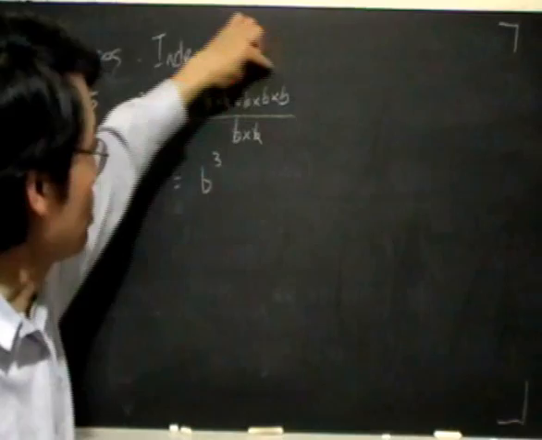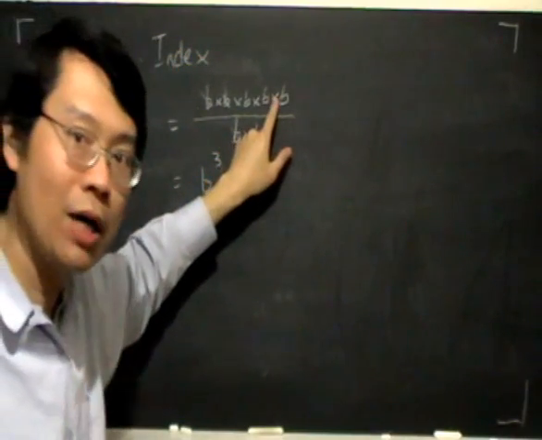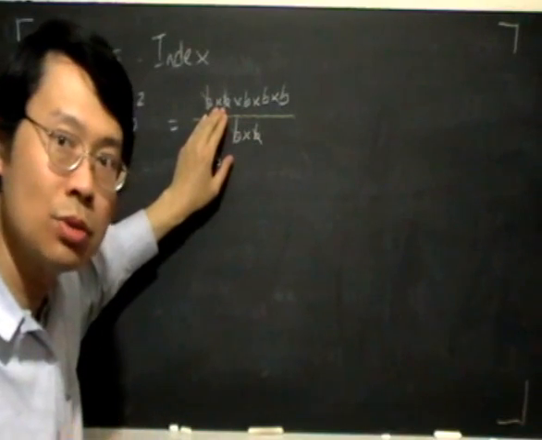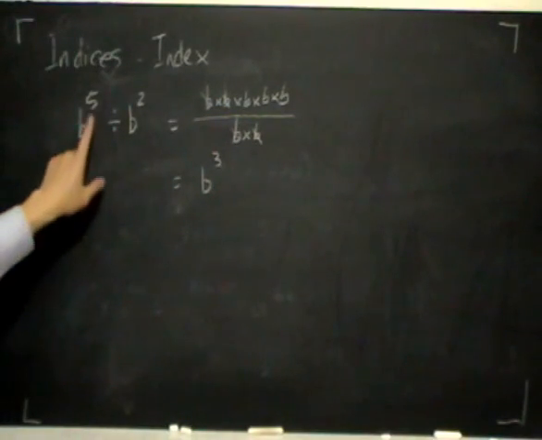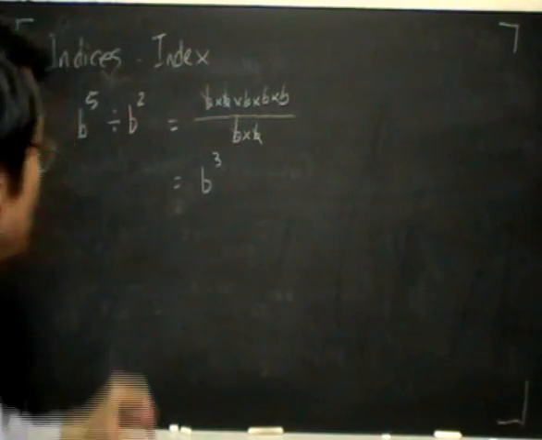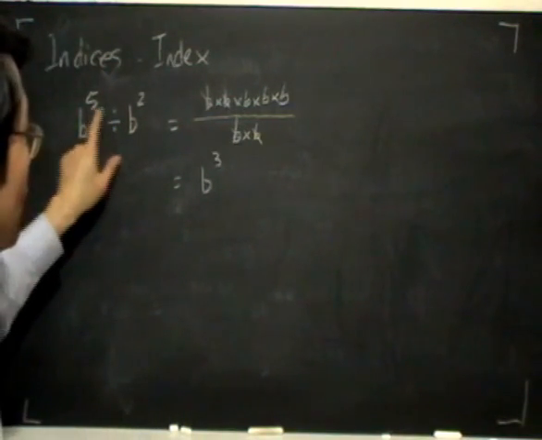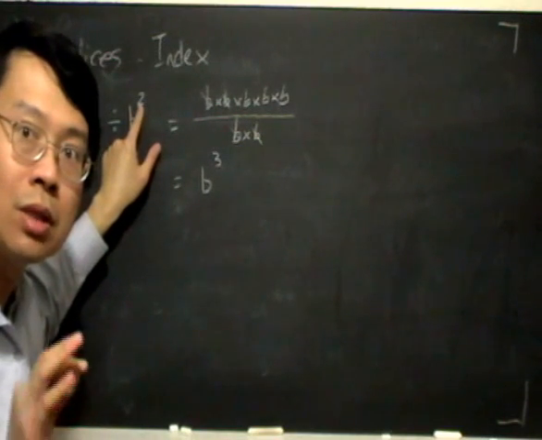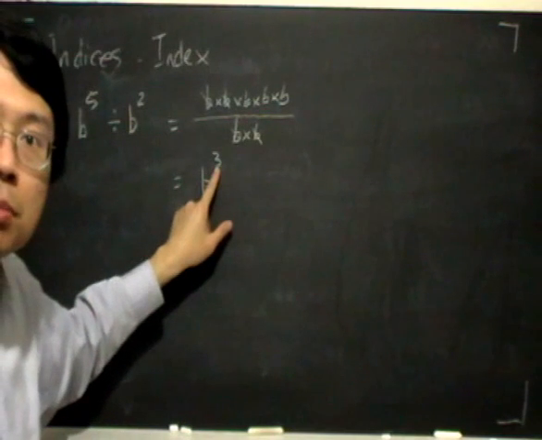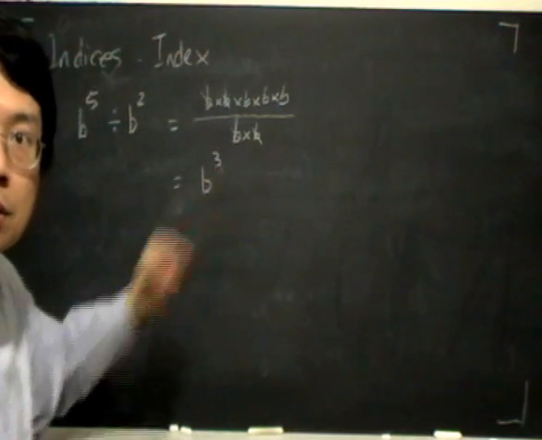So from the starting 5 factors of b, we have taken away 2 factors of b. Now if you look at the powers, we have the powers of 5 and 2. So what we are saying is, from the power of 5, we need to take away 2 in order to get the power of 3 in the answer.